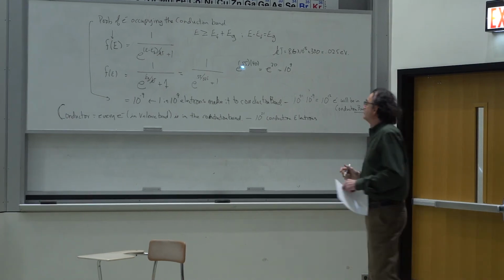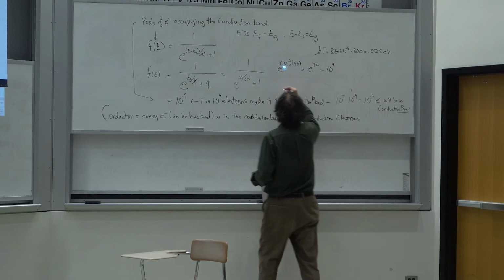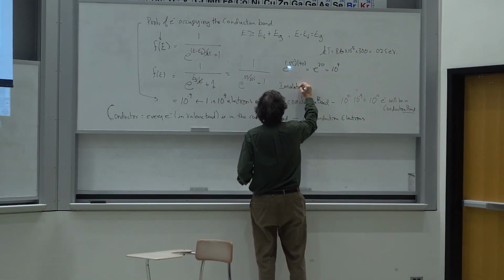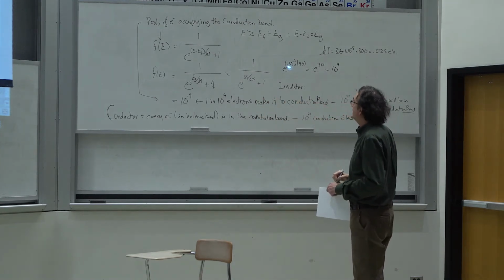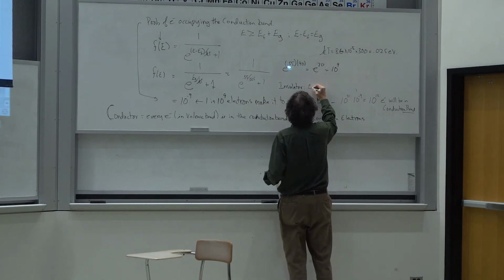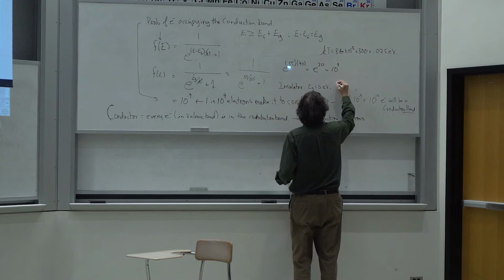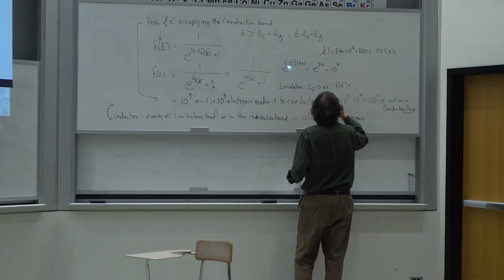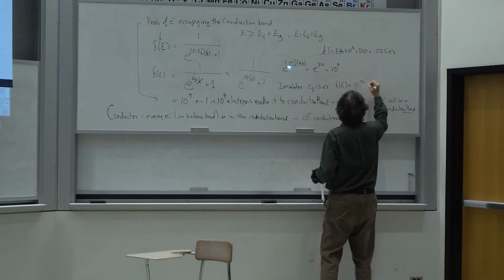Now, if I were to do the same calculation for the insulator, given in the middle row of the diagram, the one in the center, then in that case the energy gap is about 5 electron volts, and f of E, which you can calculate for yourself, is of order 10 to the minus 42.